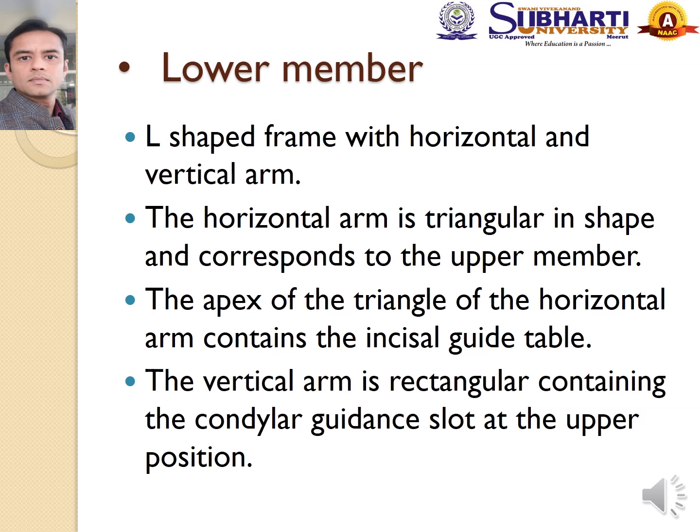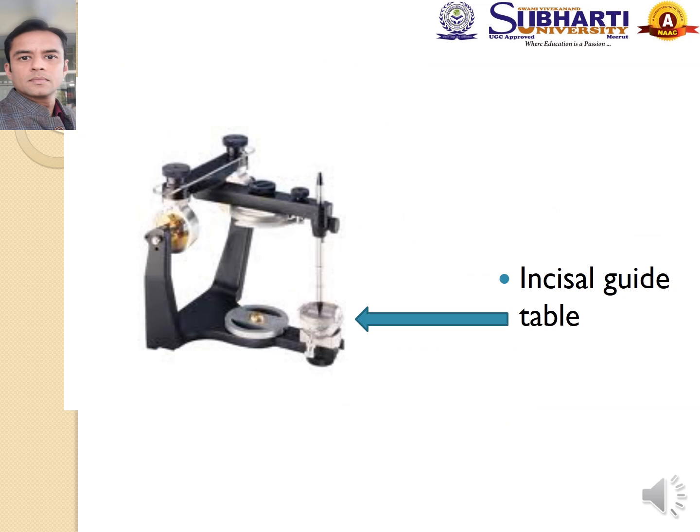The apex of the triangle of the horizontal arm contains the incisal guide table, on which the incisal pin coming from the upper member attaches. And we have a vertical arm which is rectangular, containing the condylar guidance slot at the upper position. Now here you can see this is the incisal guide table. Above this we have the incisal pin or incisal rod.